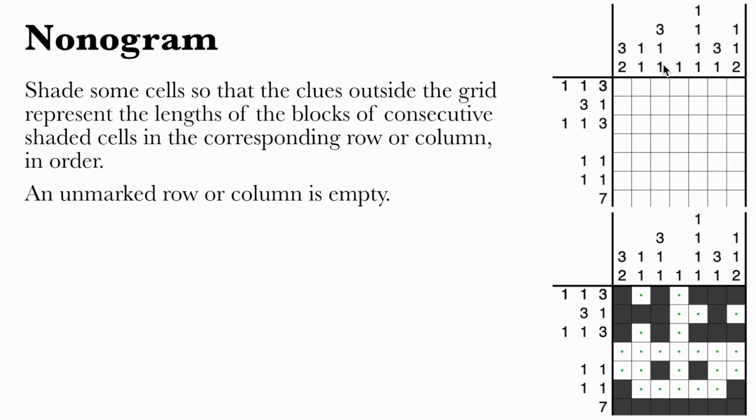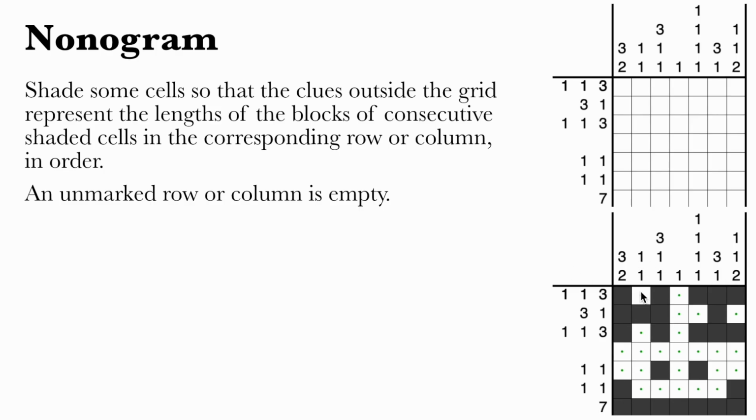This 311 tells us that in this column we're going to see 3 filled in cells, then a gap, then 1 filled cell, then a gap, then 1 filled cell. And a couple more examples to clarify that. This 1-1 will help.